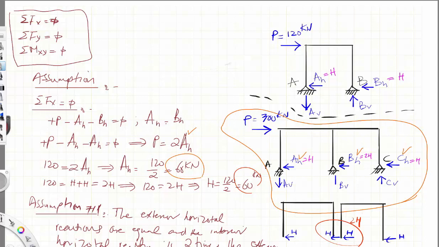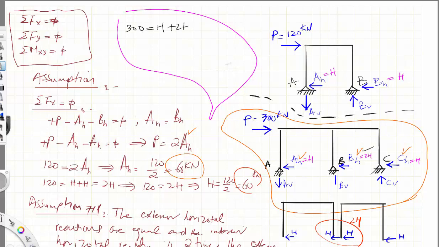If you look at the frame again, we can solve this problem as follows. In this case, 300 is equal to 1H plus 2H plus 2H... no, 1H, 2H, and 1H.